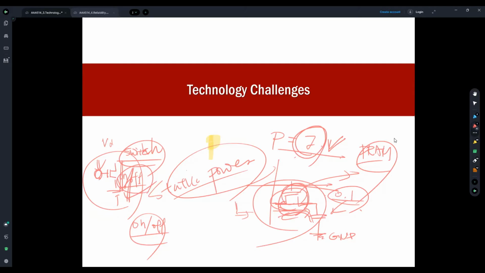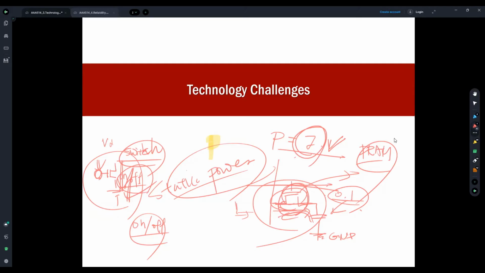But it's not true today. Actually the static power is dominant. That means we need to also focus on the power consumption by memory devices, also the processors, and any other components. So the trend is changing, but why? The semiconductor technology.